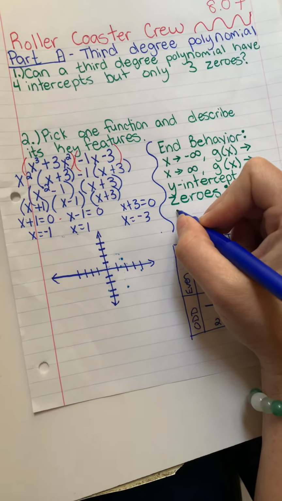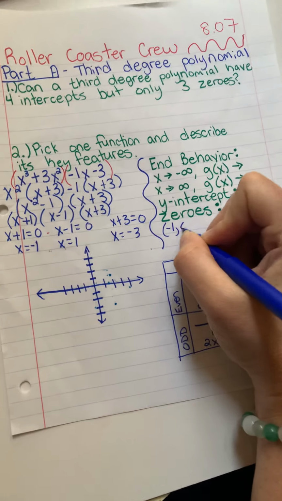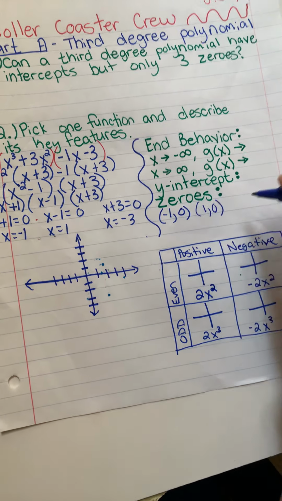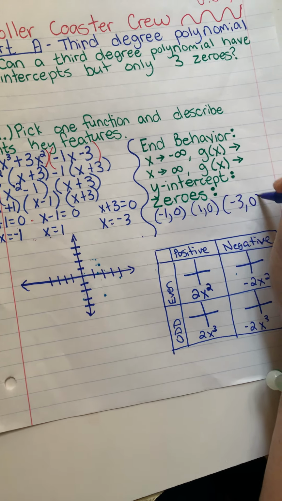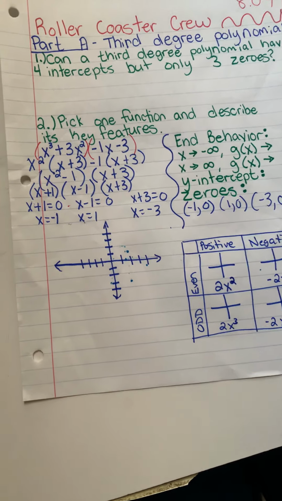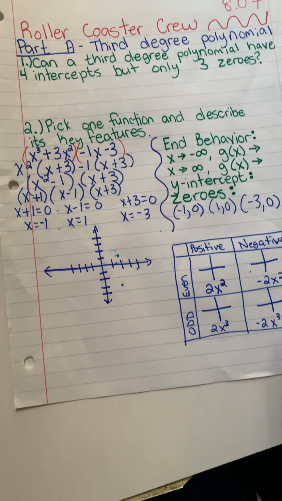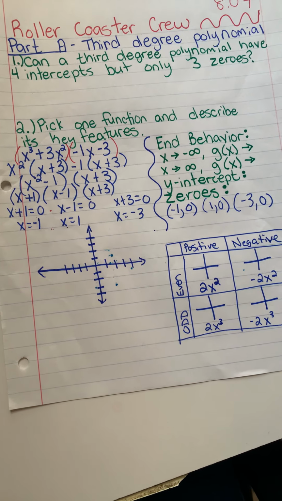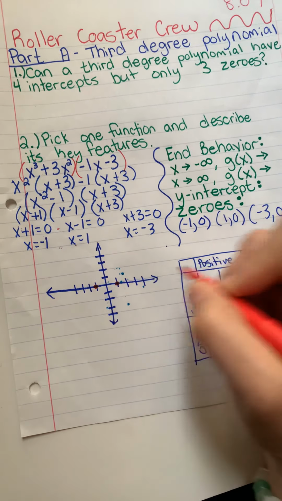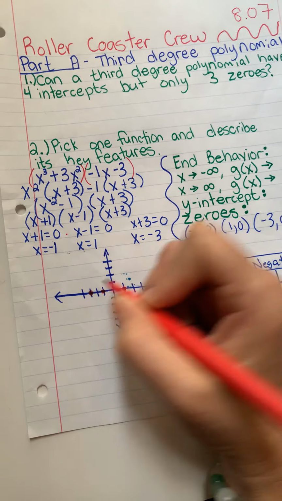So really, you should write them as negative 1, 0, 1, 0, and negative 3, 0. All right, and then I can also put these on my graph here. Here's 1, 0, and here's negative 3, 0.